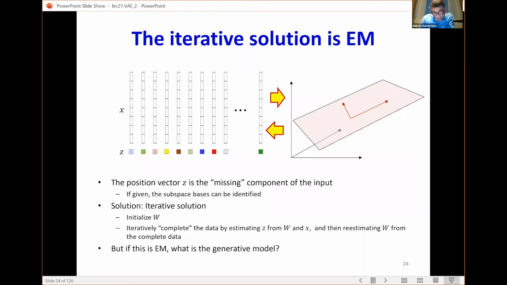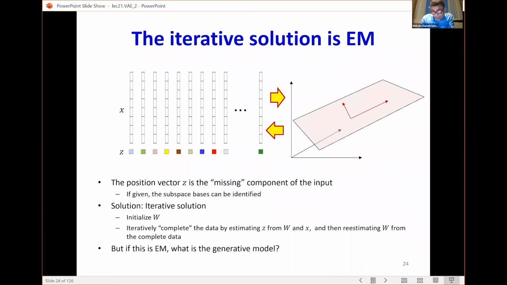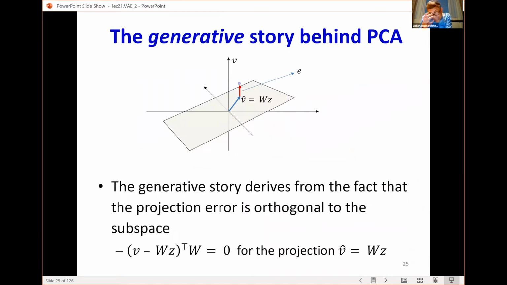Where is the generation? For that, we have to go back and realize that there is, in fact, a generative story behind principal component analysis. The generative story derives from the fact that when you compute the shadow of any point on the subspace, you're basically computing a perpendicular drop of the point on the subspace.